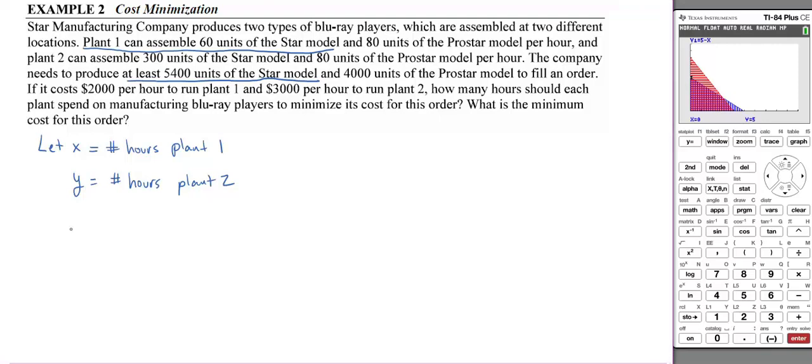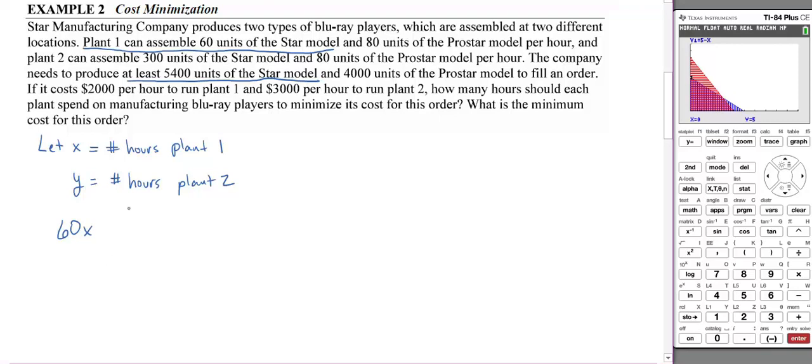If they operate for 2 hours, it'd be 2 times 60 units. If they operate for 3 hours, it would be 3 times 60 units, and so on. If they're operating X number of hours, then they will be making 60 times X units of the Star model.